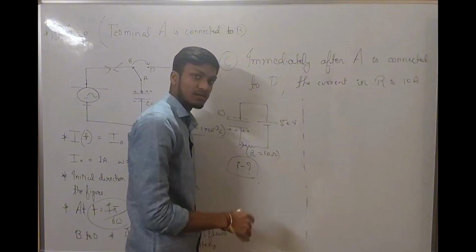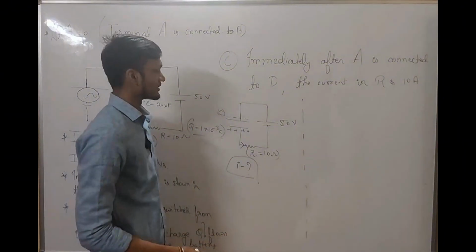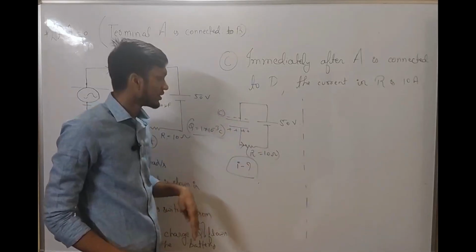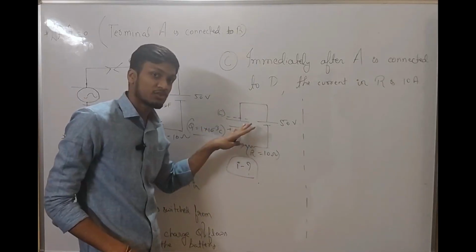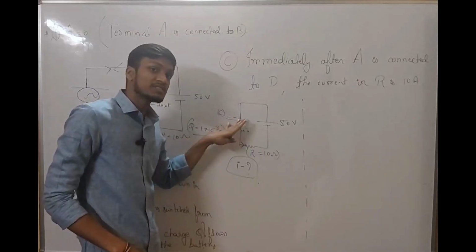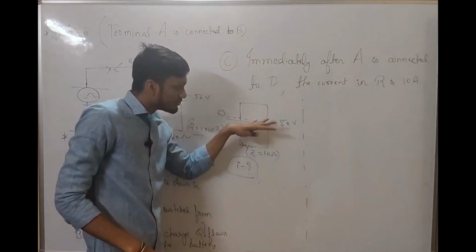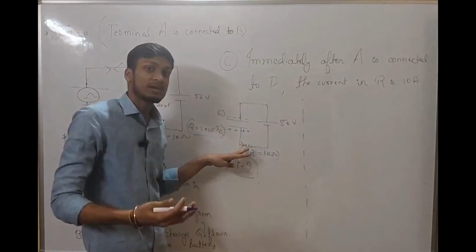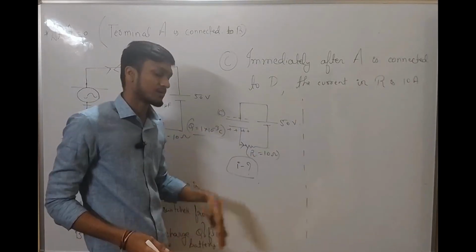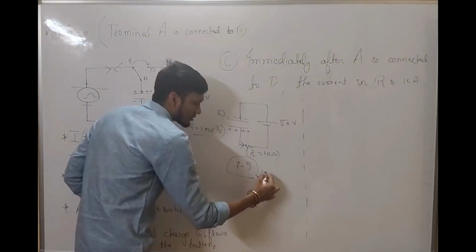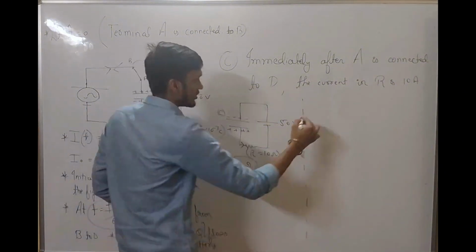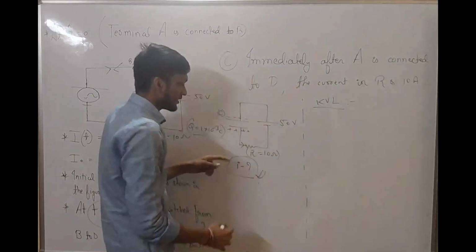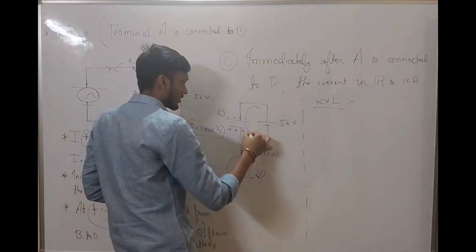Applying KVL, we have to apply KVL, as after connecting, this capacitor also has some charge. It is also supplying some charge to the resistor, due to which there is current through the resistor. This battery is also supplying some current, so there will be current due to the battery through this resistor. To calculate the net current, we will have to apply Kirchhoff's voltage law, starting our loop in this direction.